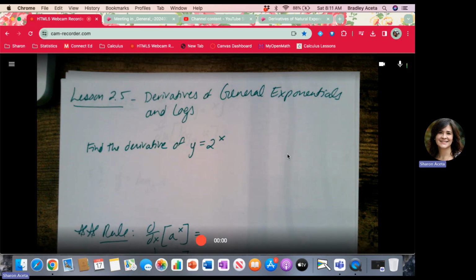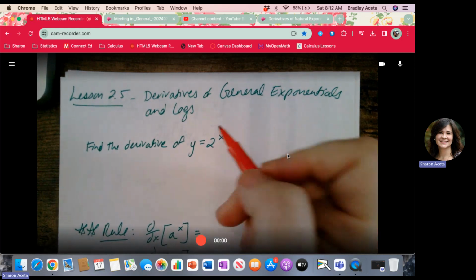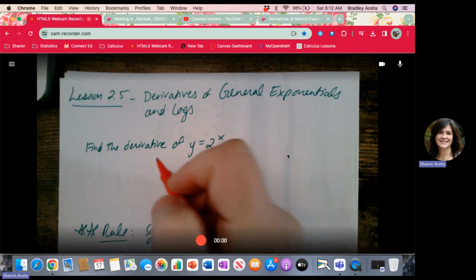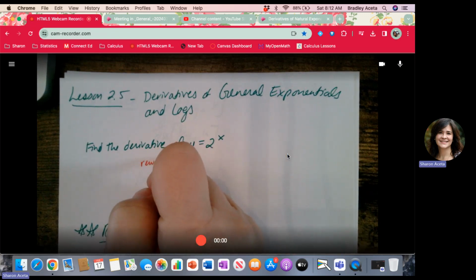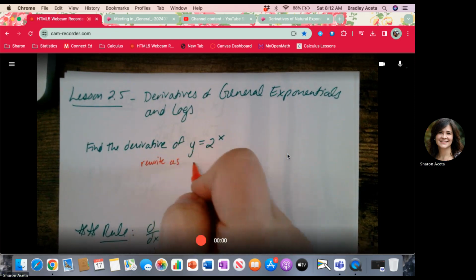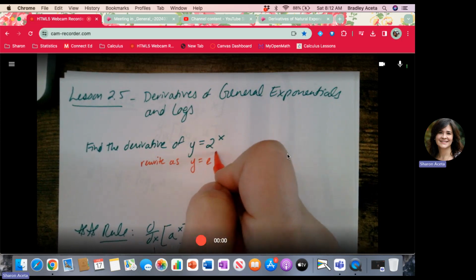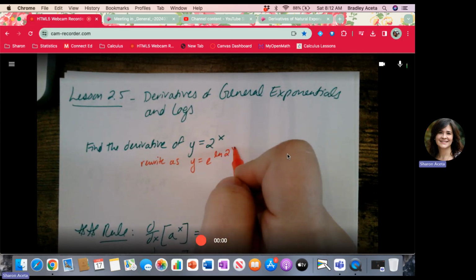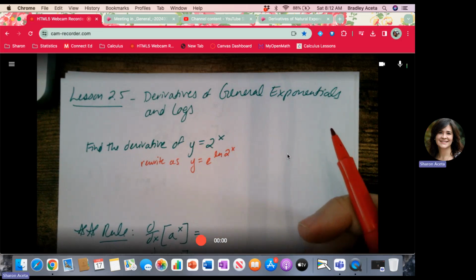I'm going to just show you how it comes about. Kind of like a proof of it. Don't get scared of the word proof. It's just showing you how we can use what we learned yesterday to do this lesson. So if I were to rewrite this as y equals e to the ln of 2 to the x, okay?